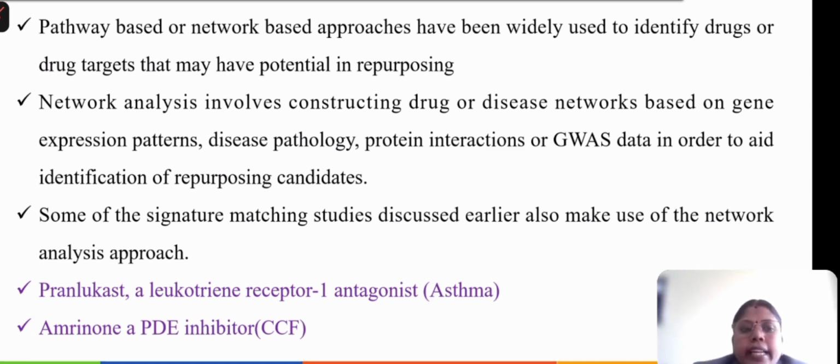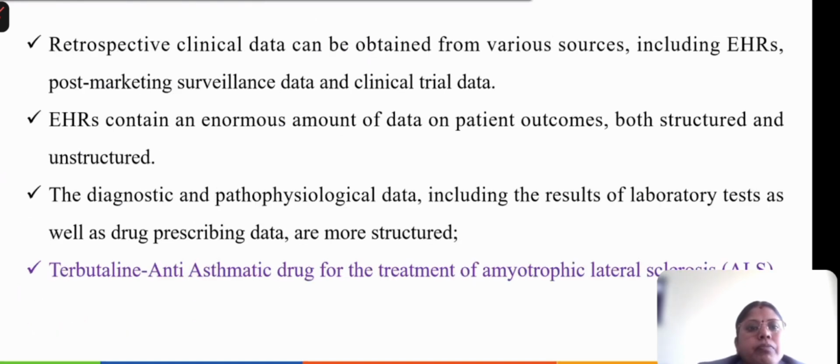So all these things help in the identification of repurposing candidates. Some of the signature matching studies discussed earlier also make use of this network analysis. So one such example is zafirlukast, a leukotriene receptor 1 antagonist, which is used in asthma. Another one is amrinone, a phosphodiesterase inhibitor.